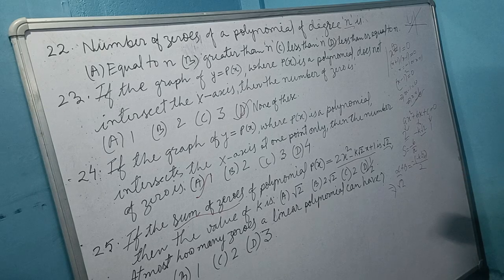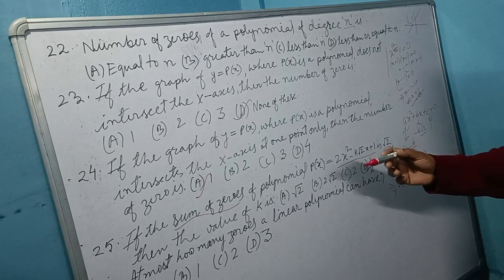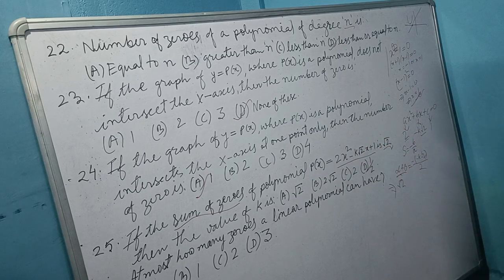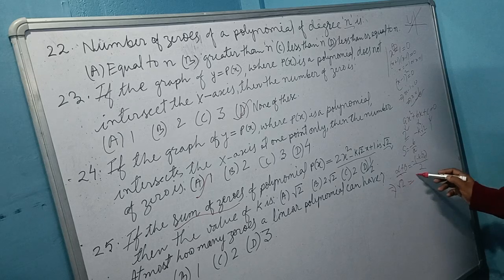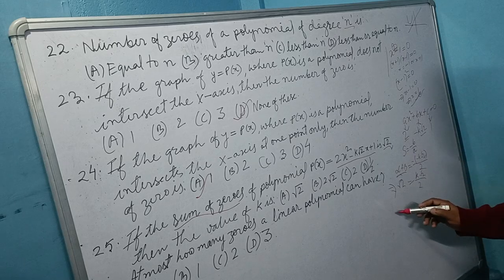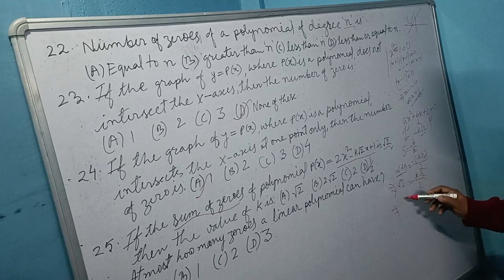The sum of the zeros of this polynomial is already given. So this is root 2. Now here, minus minus plus, so it will be k root 2 divided by 2. Clear? Now if you do the cross multiplication, we'll get here 2 into root 2.